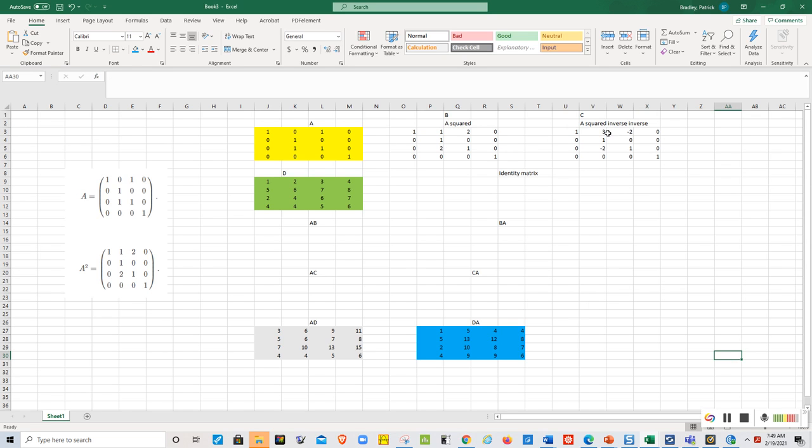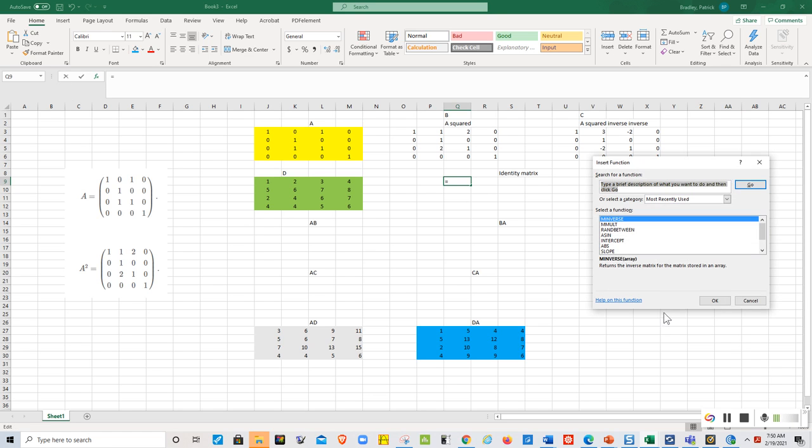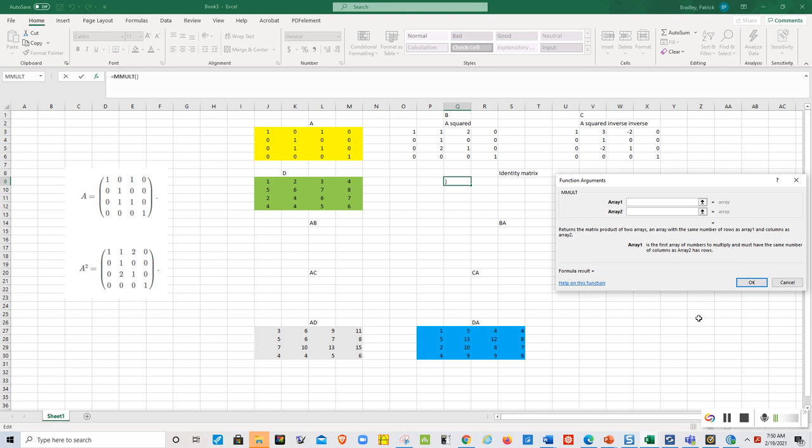Now, when I multiply A times A inverse, I'm supposed to get the identity matrix, which corresponds to 1. And so I'm going to put that here, and we're just going to multiply them. So again, this time we're using not the inverse, but the matrix multiplication.